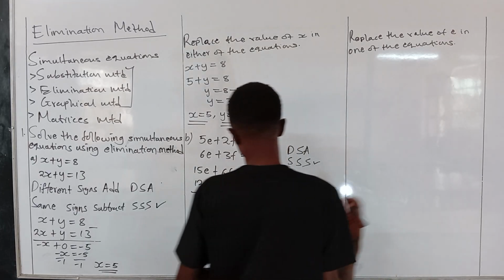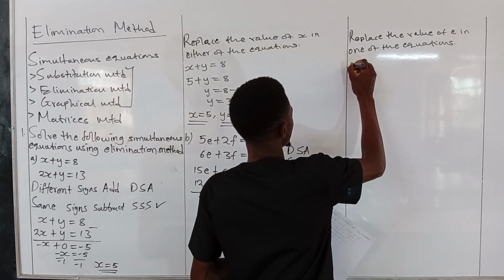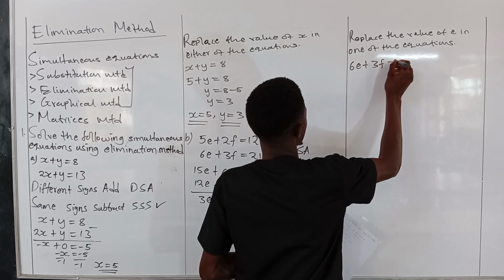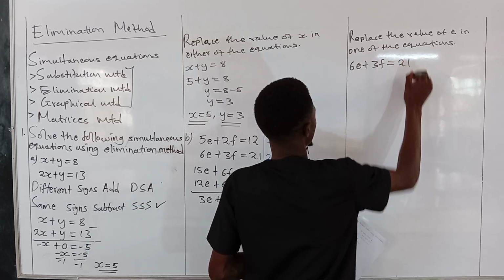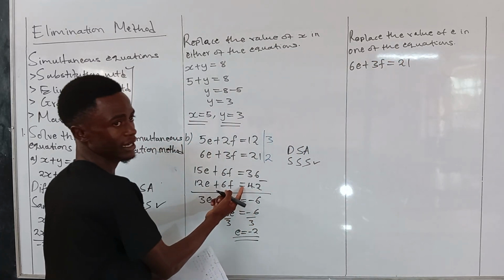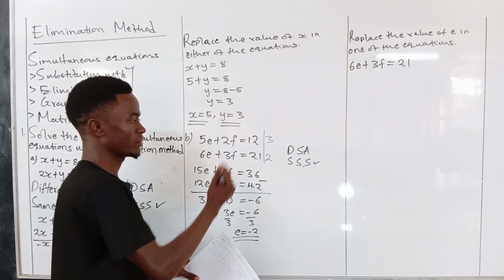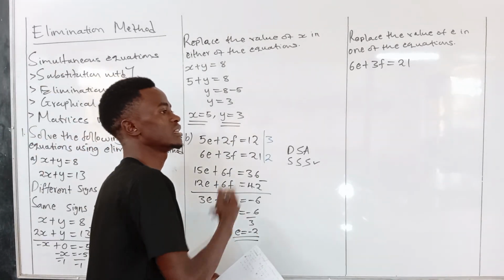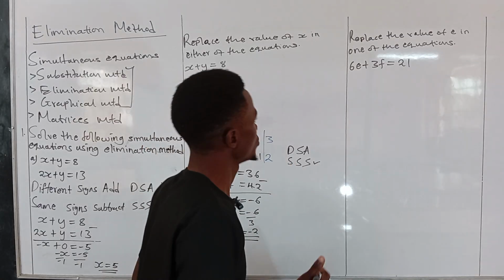So just choose, and we go by the initial equation. So we can choose 6e plus 3f is going to give us 21. We do not use the redefined equations, because when we redefine them, we make the values of f similar.